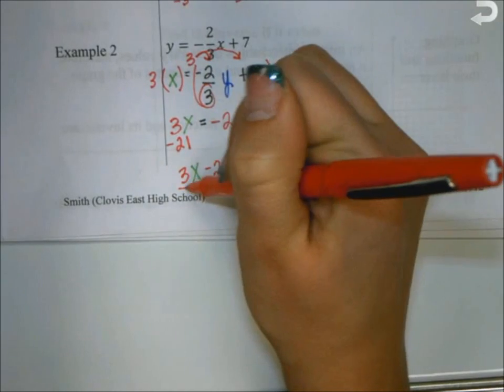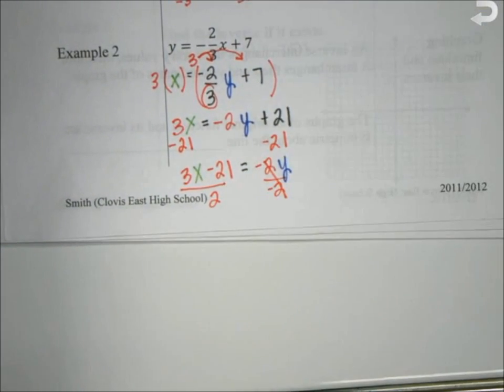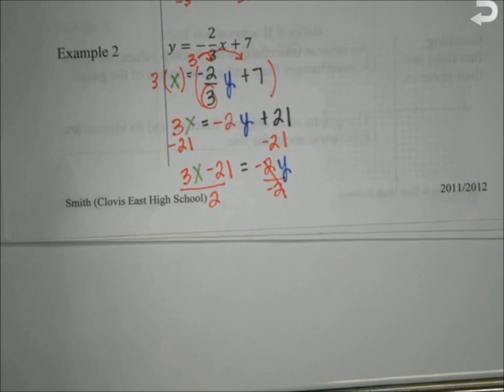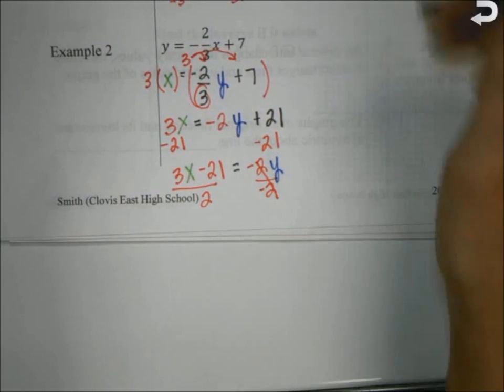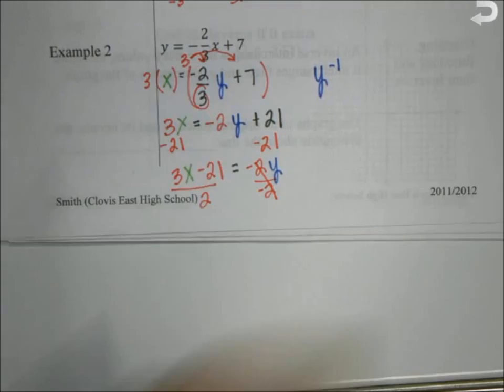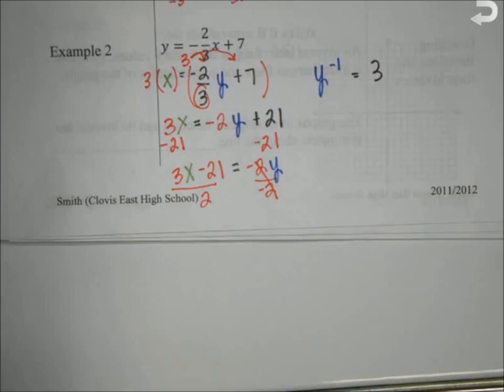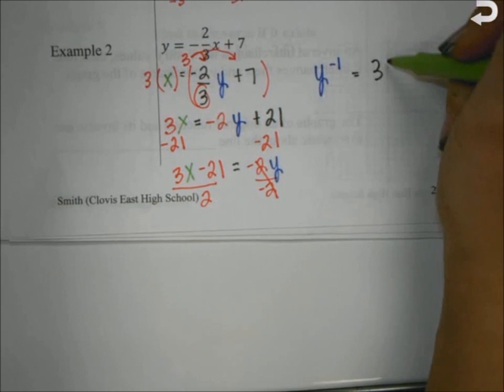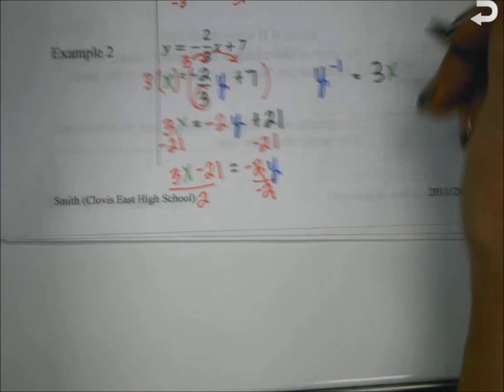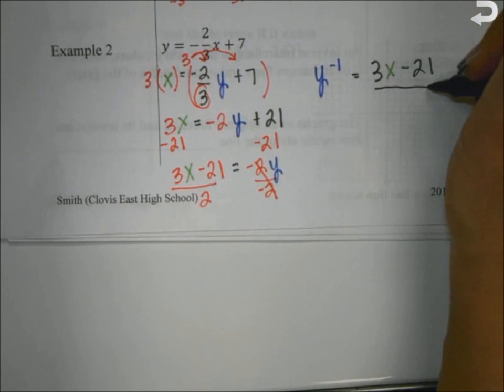And so what's my answer? This is not y now. We're taking the inverse, so it's y inverse equals 3x minus 21 all over -2. I missed my negative there.